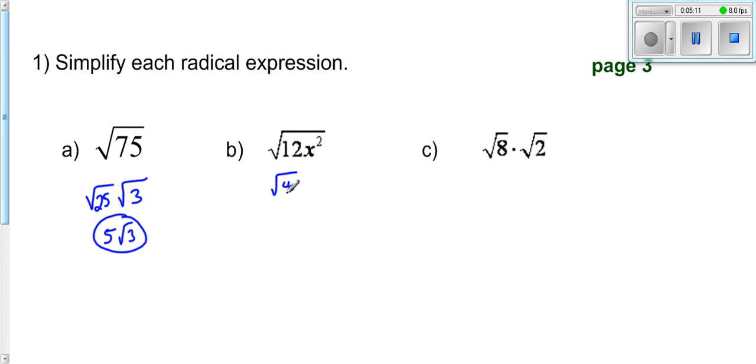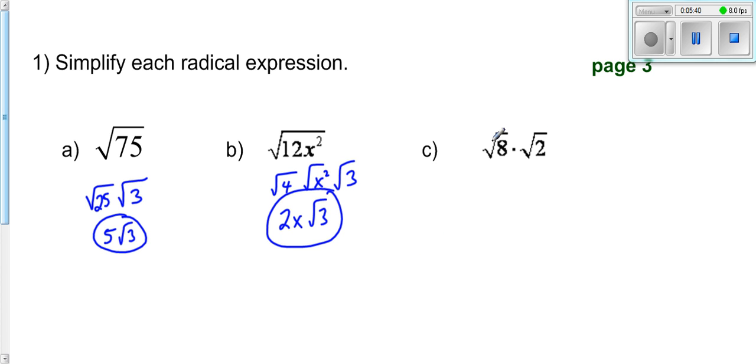That's what I want. And the reason I want that is the square root of 4 is 2. The square root of x squared is x. And the square root of 3 is left over for the square root of 3.